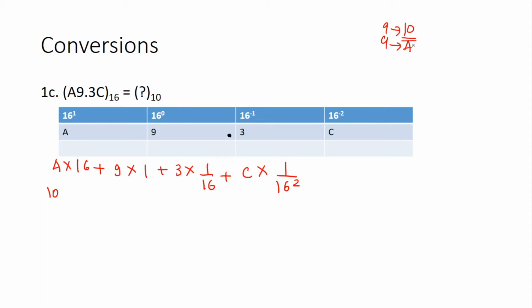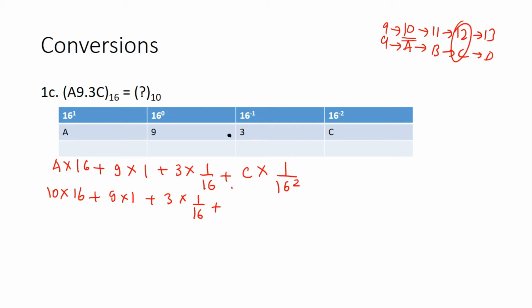So we write 10 into 16 plus 9 into 1 plus 3 into 1 upon 16 plus C. Now if A is 10, then B, C, D, so this C is equivalent to 12, so we write 12 into 1 upon 16 square, and we simply add these products.